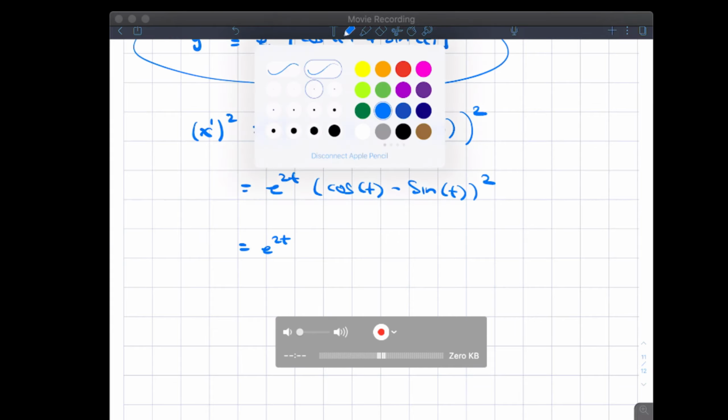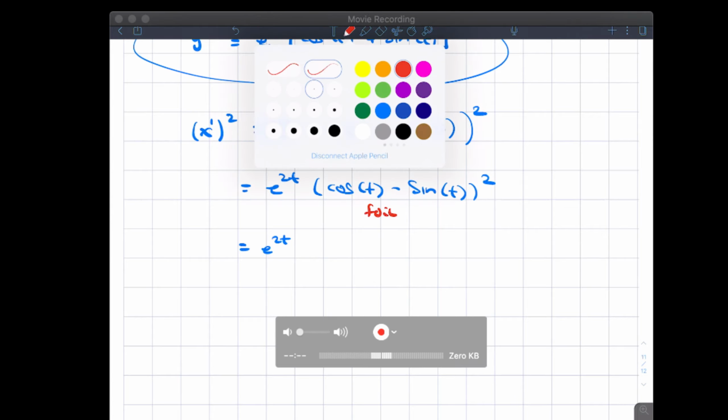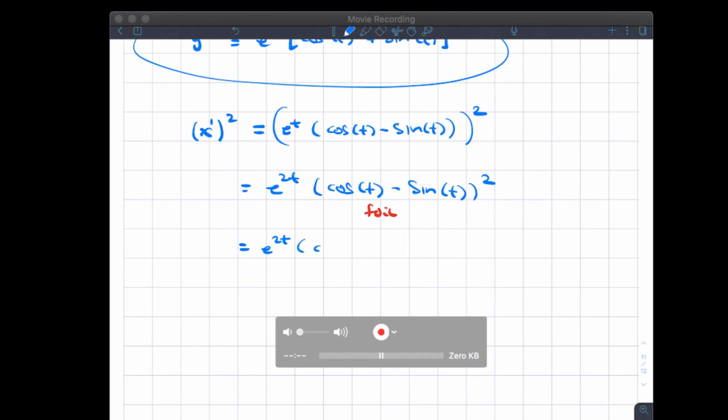Now, this we're going to have to use FOIL, ladies and gentlemen. This is where your algebra comes in. So you've got algebra there to do. And by the algebra, you're going to get cosine squared t minus 2 cosine t sine t plus sine squared t here, right?